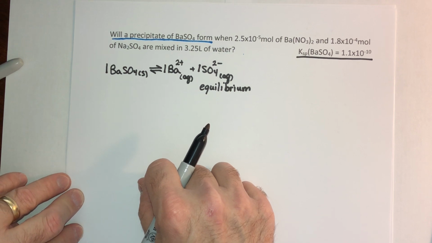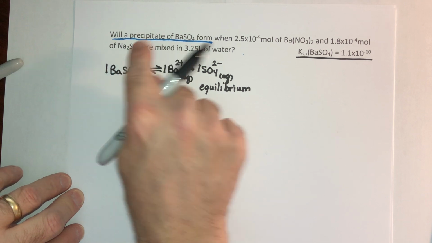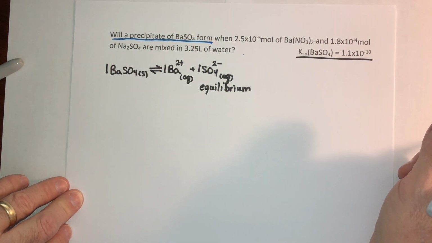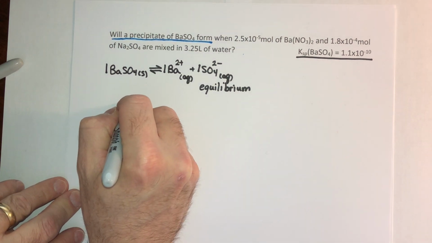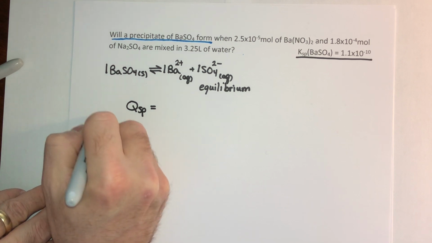But for this particular problem, when I tell you the amount of barium nitrate and the amount of sodium sulfate, they're not equilibrium amounts. They're initial amounts. So you can't talk about a KSP, but you can talk about a QSP, a reaction quotient.